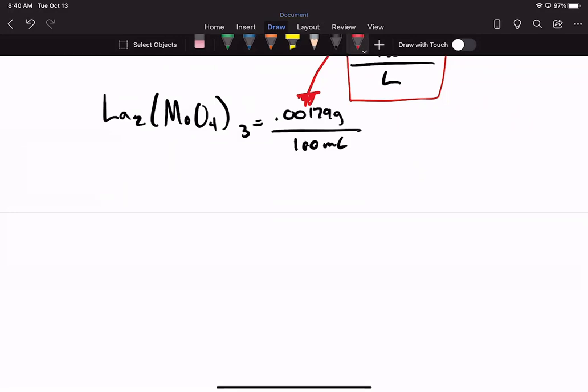We can convert that into liters pretty easily: 1,000 milliliters over 1 liter. This is just moving the decimal, 0.0179 grams per liter. So we've gone around the issue of the 100 milliliters, and now we're in liters.